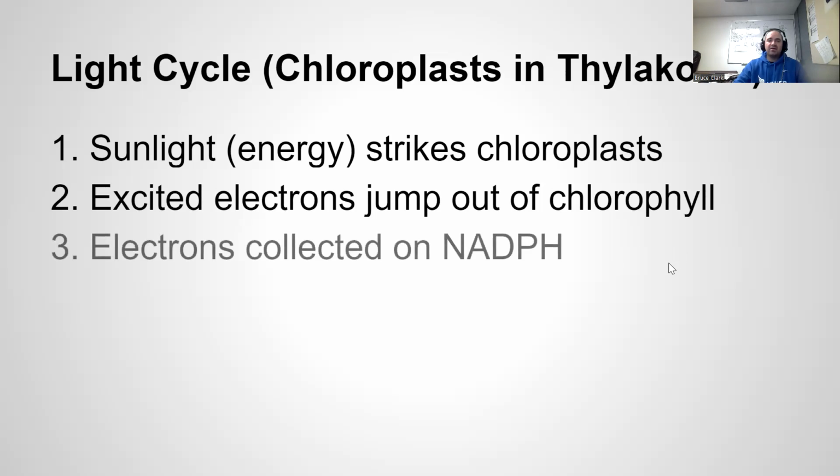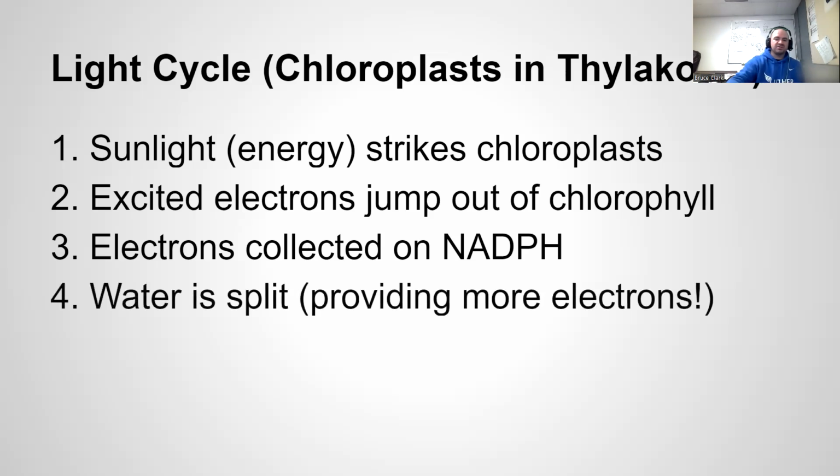Where do they move? They get collected on this electron battery, just like we had with cell respiration. The abbreviation is a little bit different because it's a different molecule. What do we need to know? We need to know that it stores electrons for us. So those electrons get excited, they collect on this battery and get ready to go to the next step.